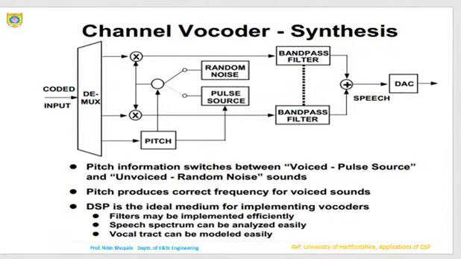So let's see the channel vocoder synthesis part. Here the synthesizer reverses the coding process. First, the received signal is demultiplexed to separate out the different information categories.